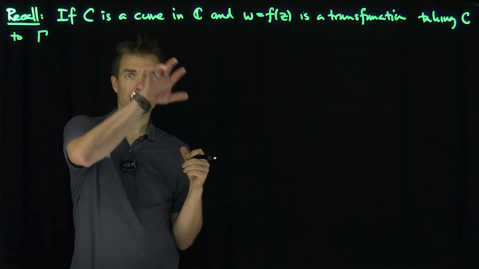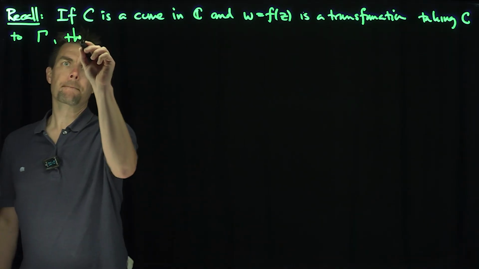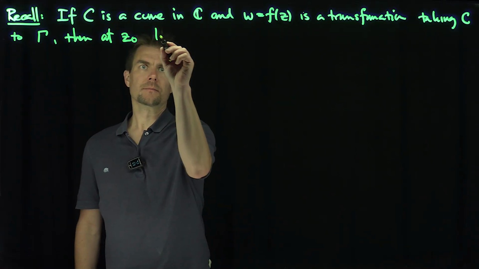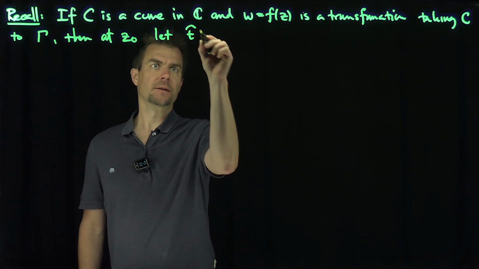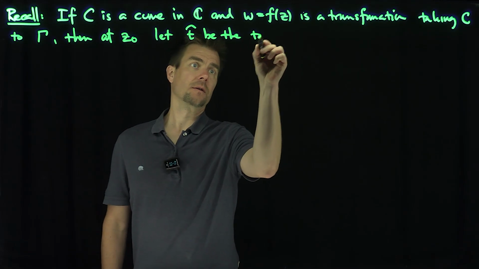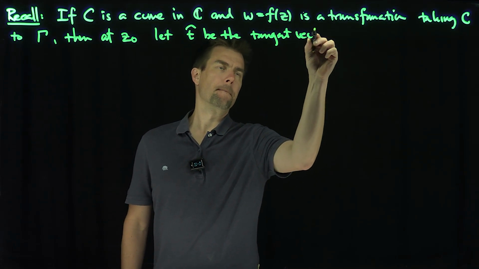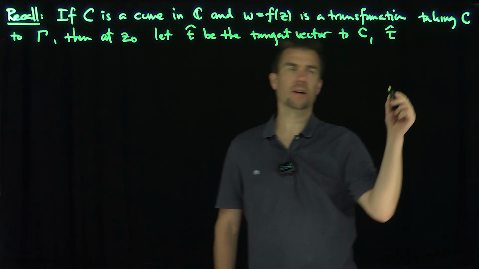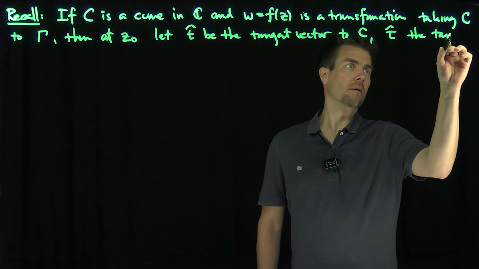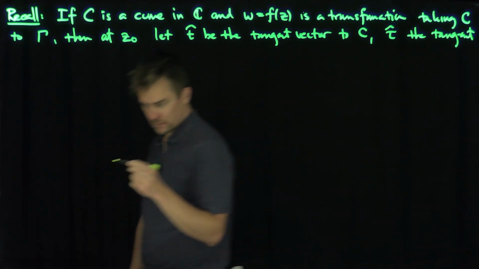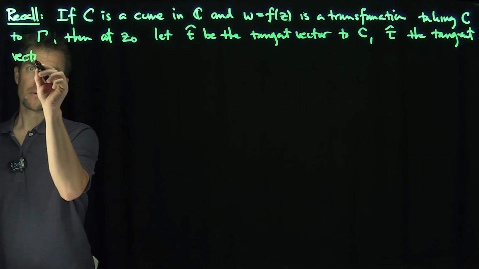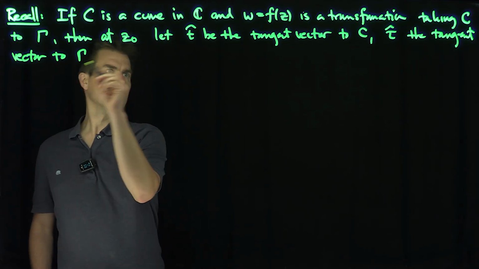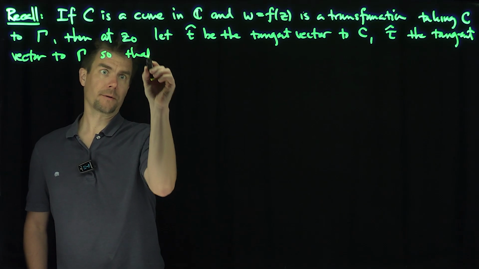then at a particular point z0, we let t hat be the tangent vector to C, tau hat the tangent vector to gamma, and then, so that, and here's the important part, so that what?